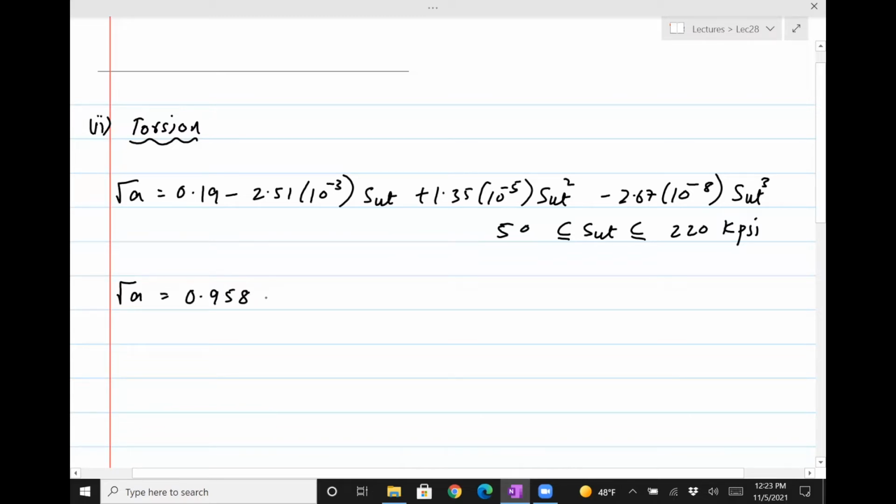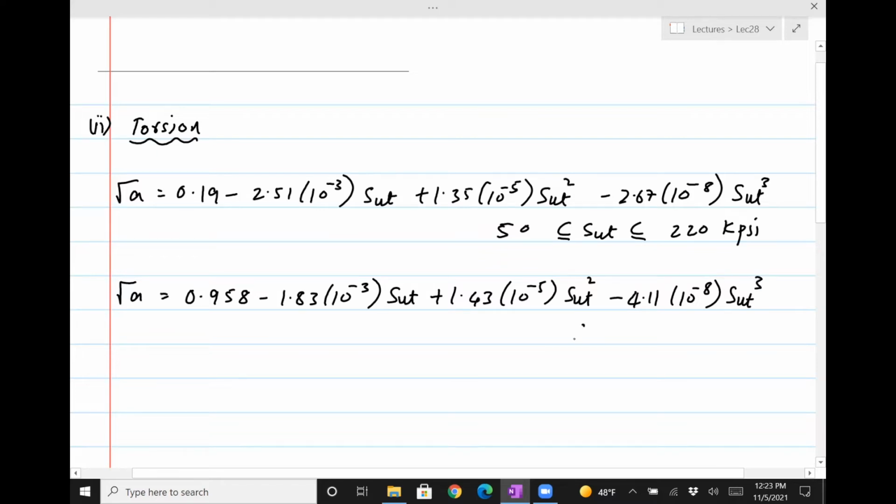There's another formula for SI, and that's 0.958 minus 1.83 times 10 to the negative 3 times S_ut, plus 1.43 times 10 to the negative 5 times S_ut squared, minus 4.11 times 10 to the negative 8 times S_ut cubed, and that's when S_ut is in the range 340 to 1500 MPa.